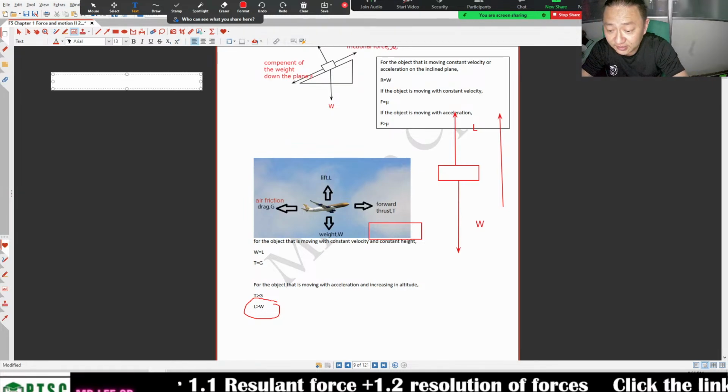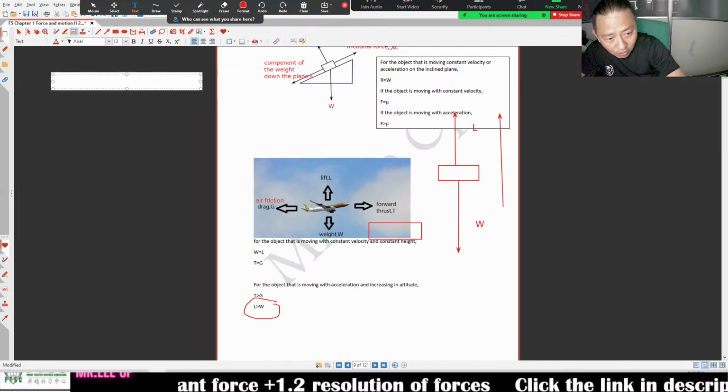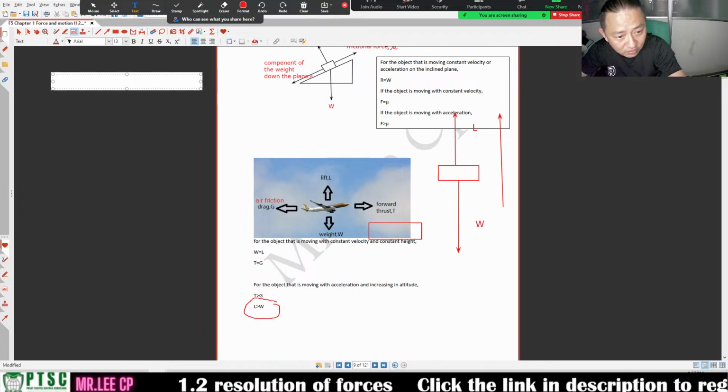So we can say L is more than W, or W is more than L?